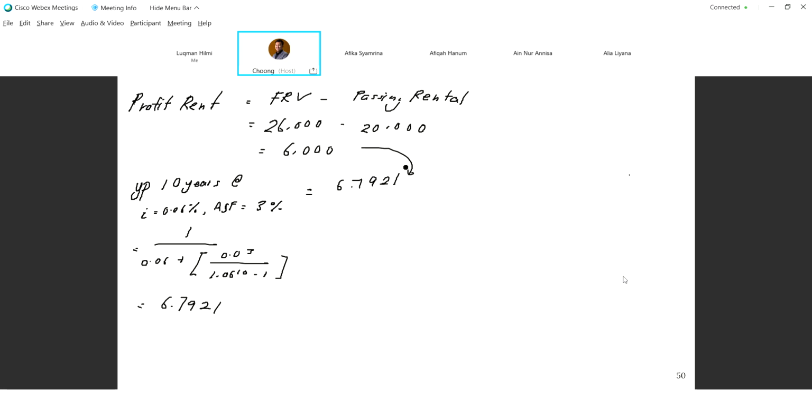Then you multiply these two together, and eventually you get 40,007.2, so it's 40,752.